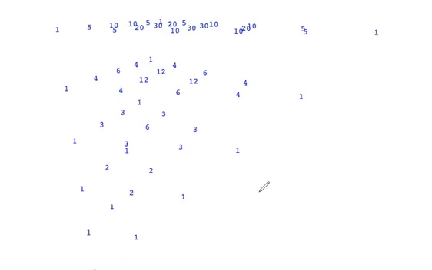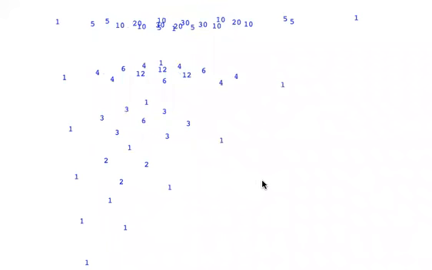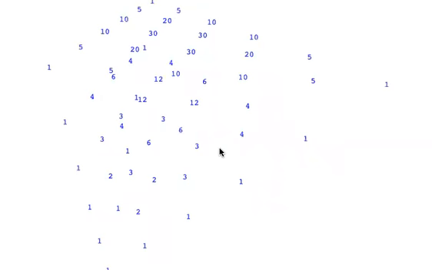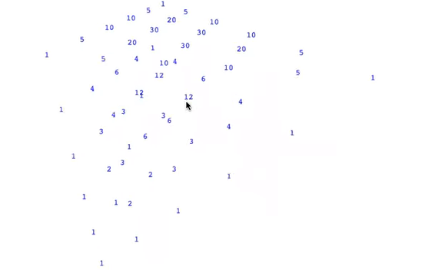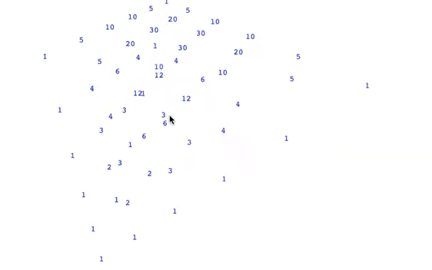Okay, so let's take a look at another one. Maybe let's go up a little bit more. Why don't we do this 12 right here? For that 12, the x coordinate is 2, the y coordinate is 1, and we're at level 4 for the z.